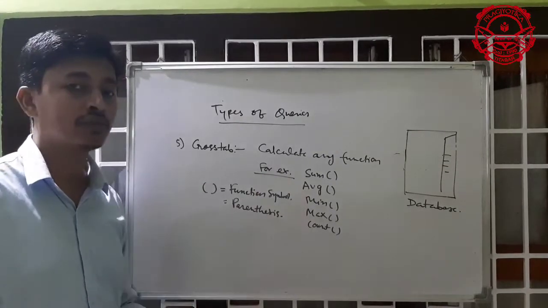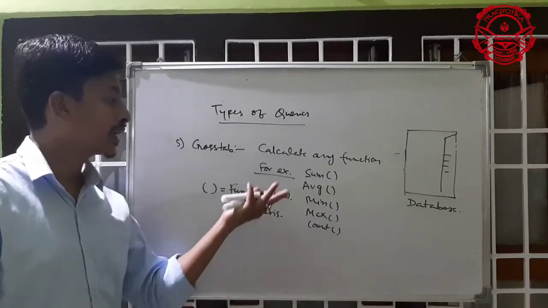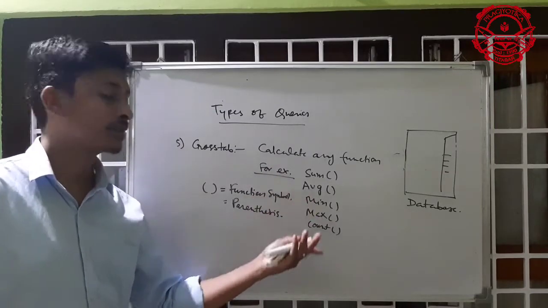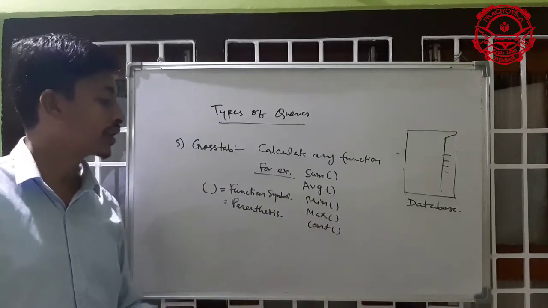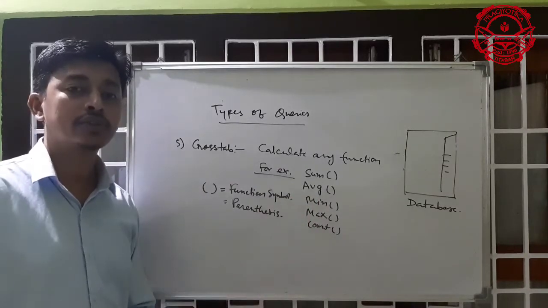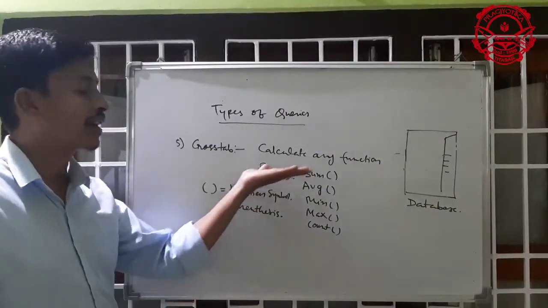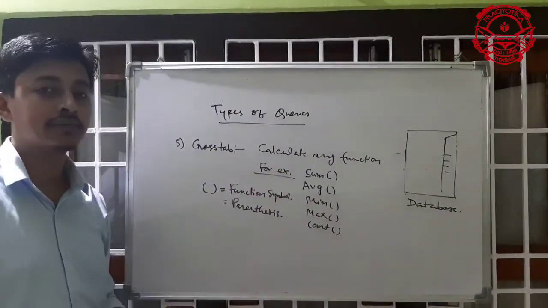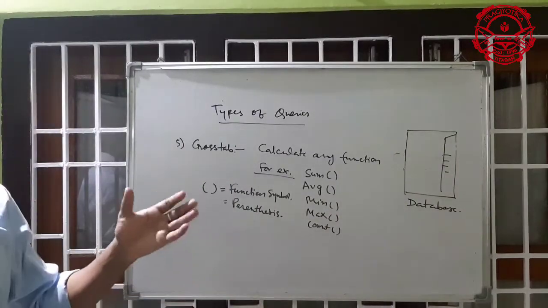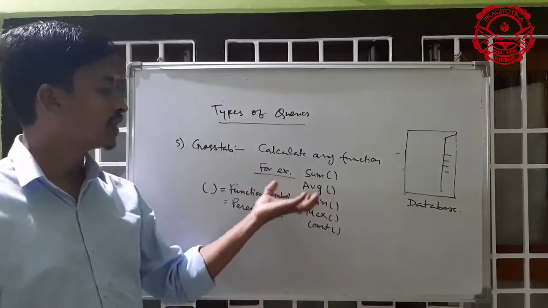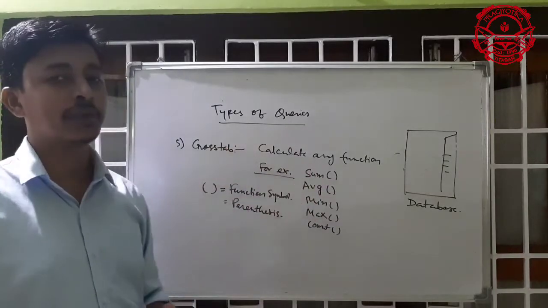Say sum function, we can sum any number. We can get the average mark of numbers, the minimum marks, the maximum mark, or count the numbers also. So in this way, you can easily use these functions in your query. Cross tab query is basically used for this purpose. You can easily execute this query with the help of cross tab.